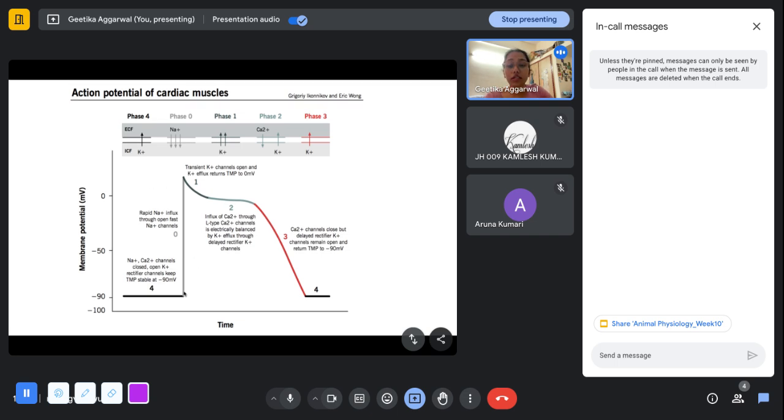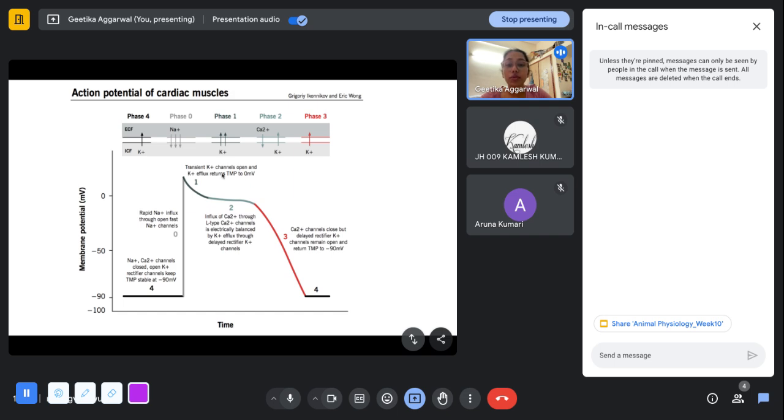When the cells are at minus 90 millivolts, the sodium channels start opening, and then there is a rapid influx of sodium through these channels, and the cell overshoots zero, and it goes to a positive potential. At this positive potential, as we know, the sodium channels close and the potassium channels then open.